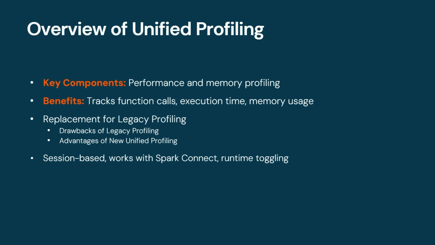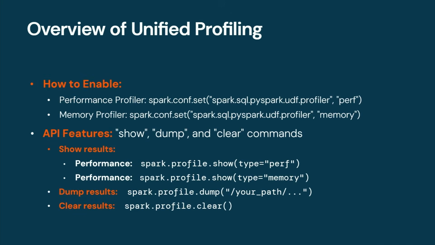What's my Python doing? I want to figure it out. So this is one answer to that. You can track the behavior in both performance and memory usage. To enable it, you set these configs, and then you can say spark.profile, collect performance or memory, and then dump it somewhere.